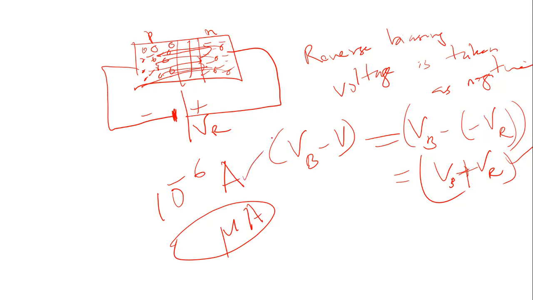So it is as good as if no current is passing through this PN junction under reverse biasing.